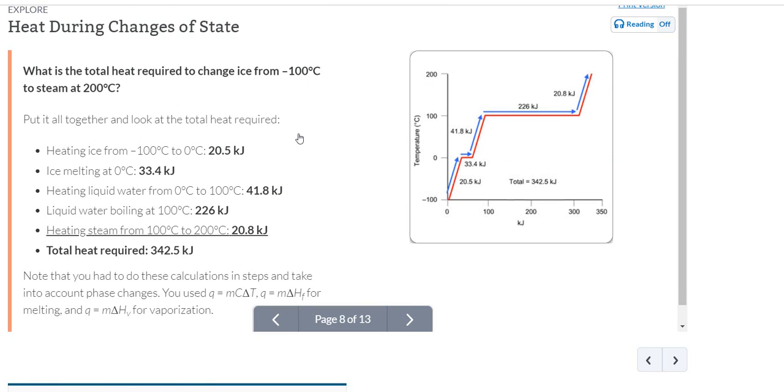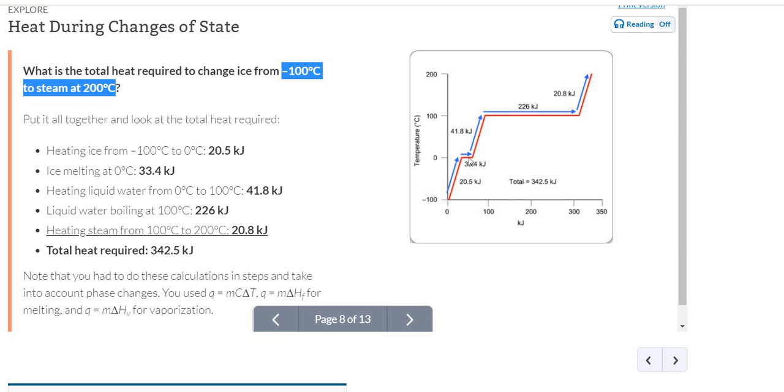If you add all of that up, you get the total amount of heat required to raise the temperature from minus 100 degrees Celsius to 200 degrees Celsius. So if you remember, we had to input into the system 20.5 kilojoules of heat to get the ice up to 0 degrees.